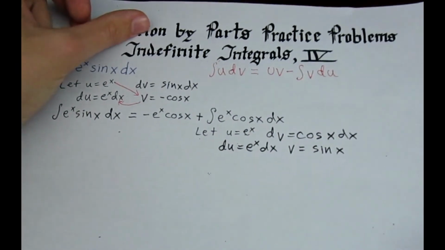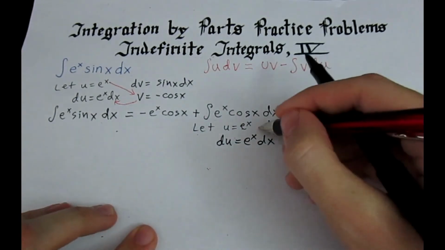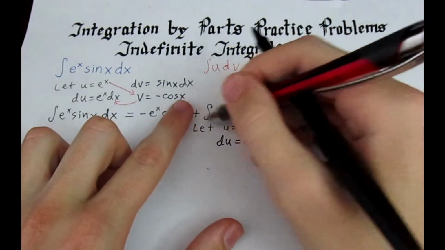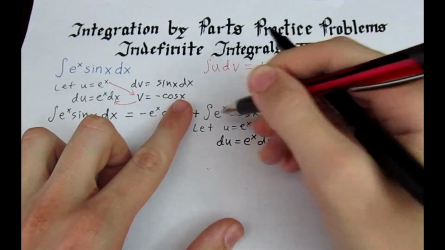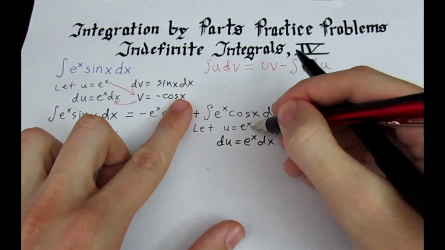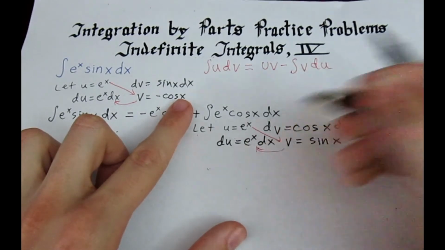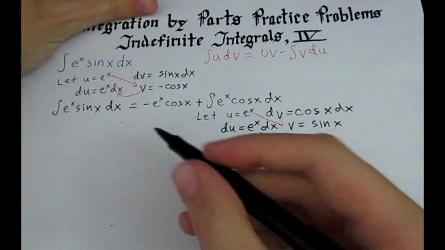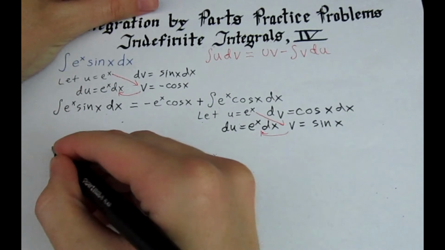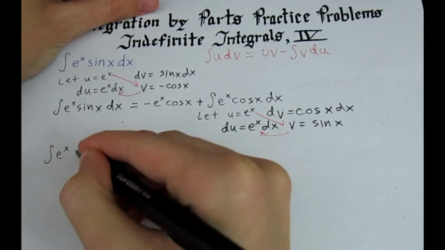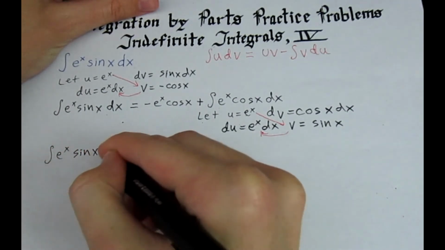Okay, and now the same thing, we're going to set this and just this right here equal to u times v minus the integral of v du. And I'm going to copy everything down here to avoid mistakes.